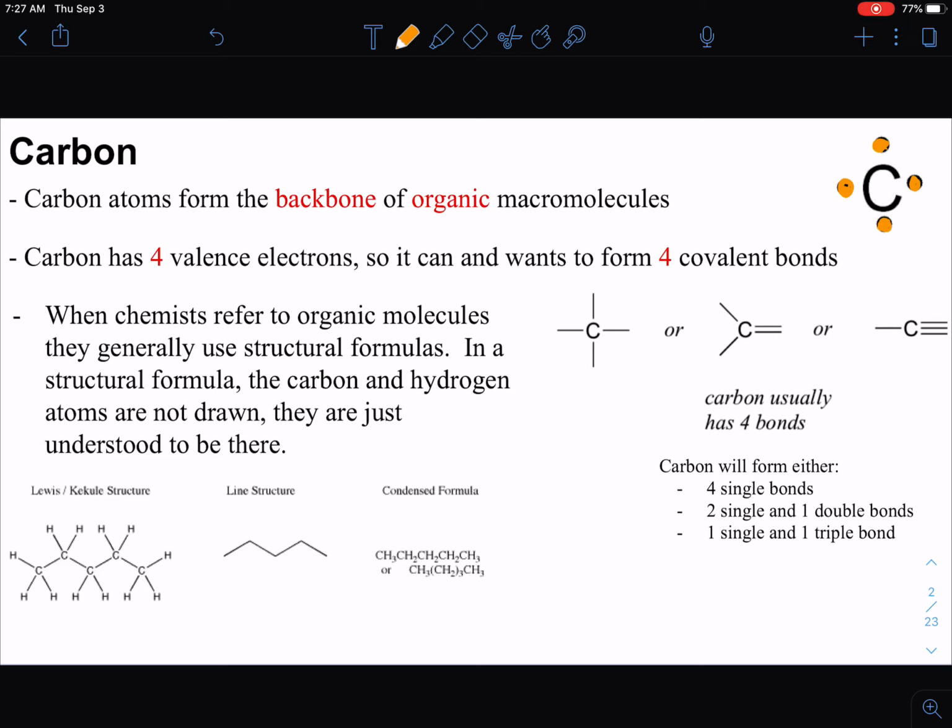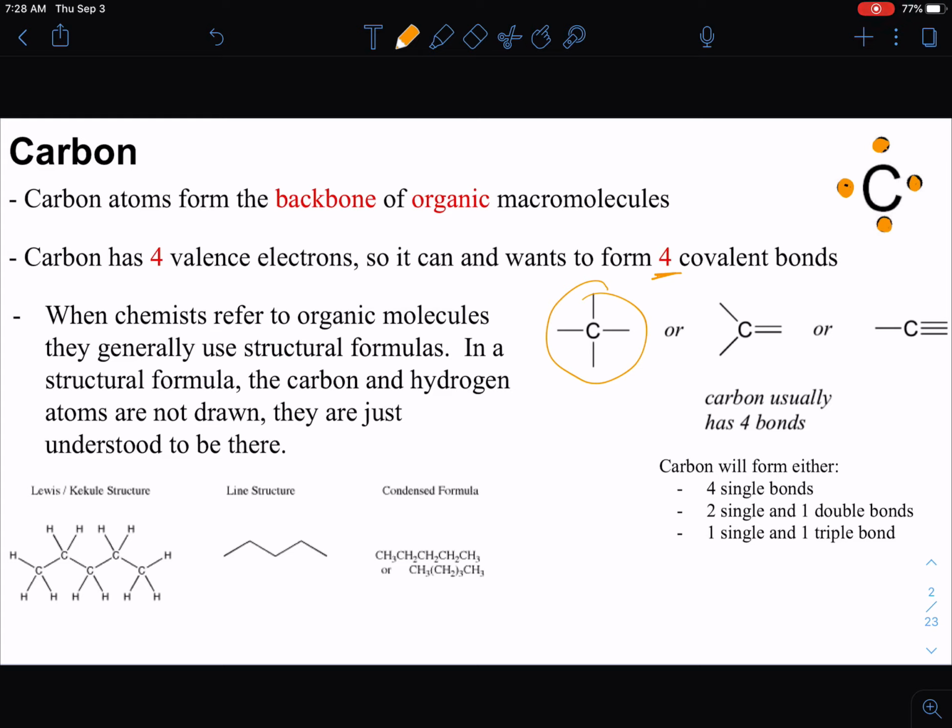And because it has 4 free valence electrons there, it can also form 4 covalent bonds, which is very important, which is why carbon makes the backbone, because of the way it can bond and the number of bonds that it can form. And we can see pictures of it here where you can have carbon form 4 single bonds.